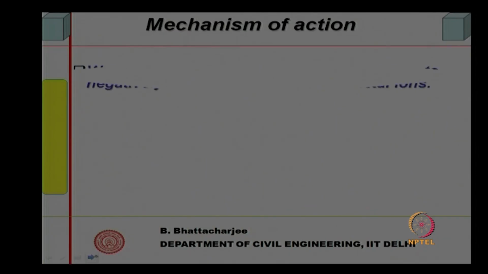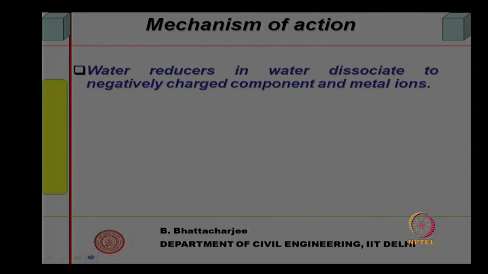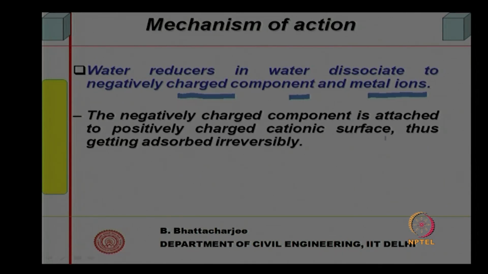But when you add this superplasticizer or water reducing agent, it forms a negatively charged component, and then the metal ion, that is sodium or calcium that you have added, dissociates. This negatively charged component is attached to the positively charged cationic surface and gets adsorbed irreversibly.